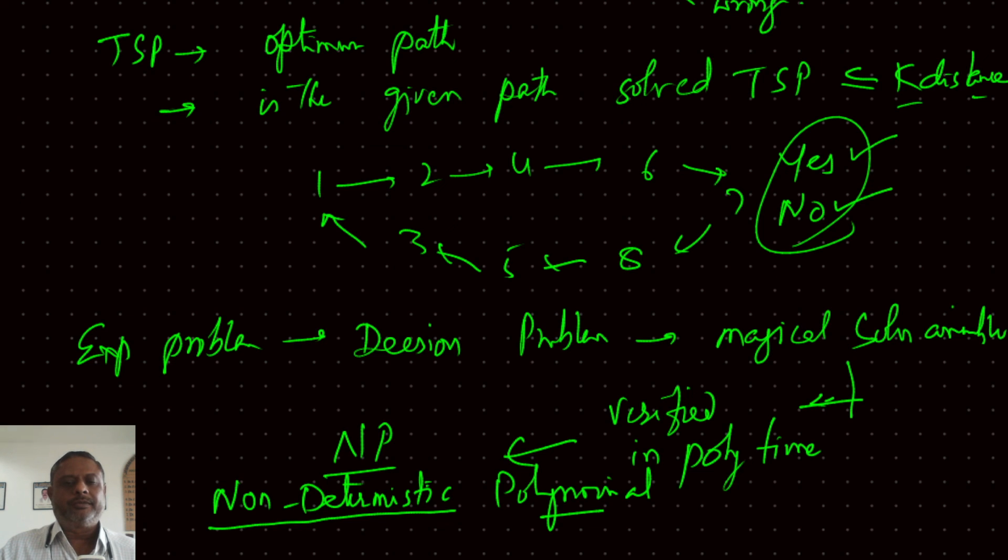So it becomes a non-deterministic polynomial time problem. All these problems which can be verified in polynomial time but cannot be solved in polynomial time are called the NP class of problems.